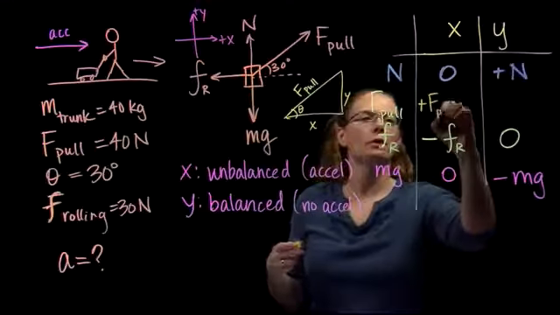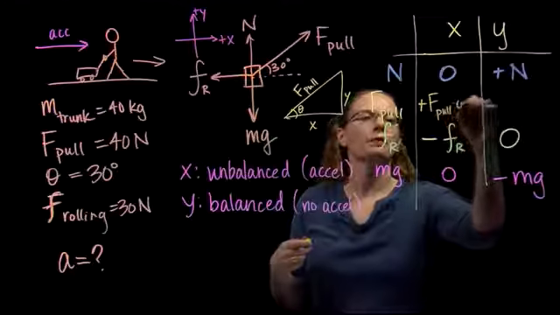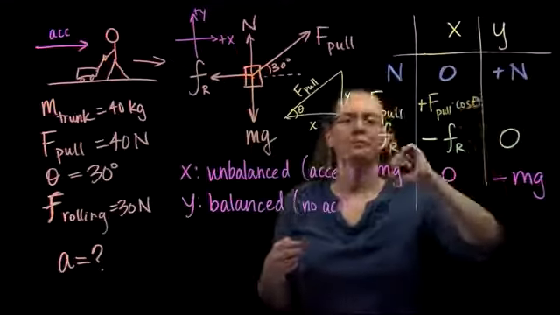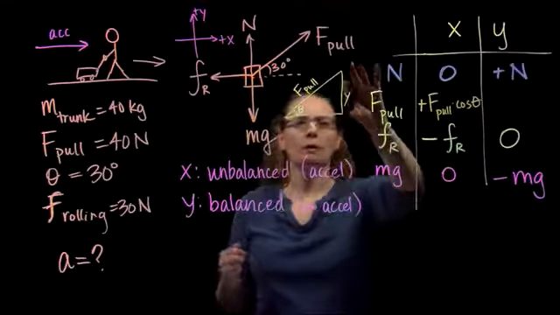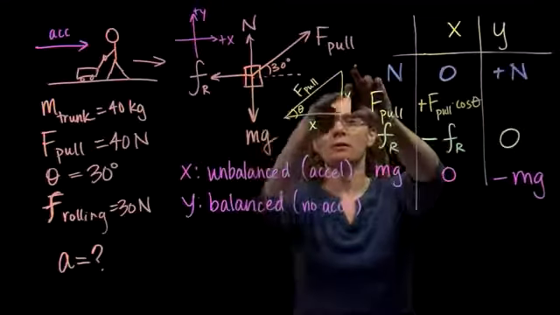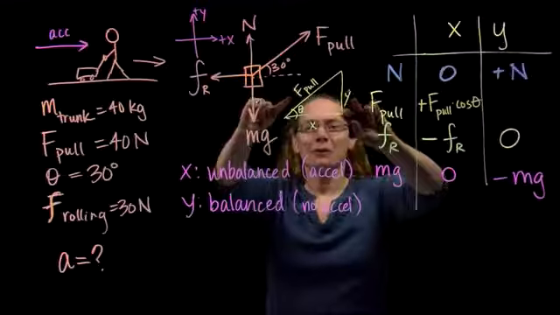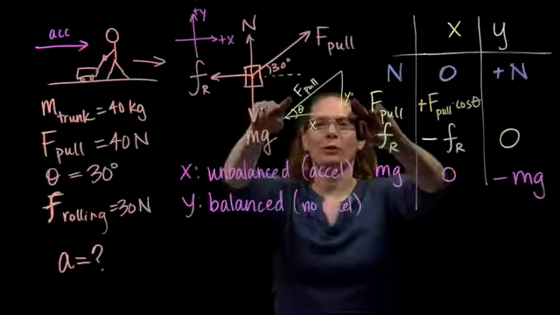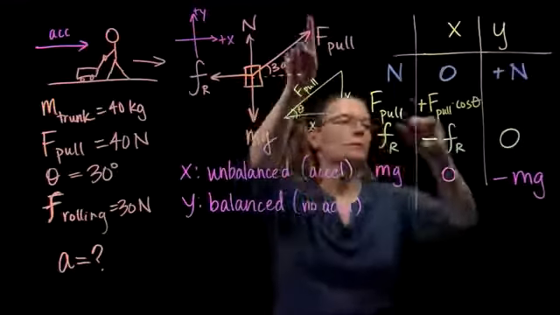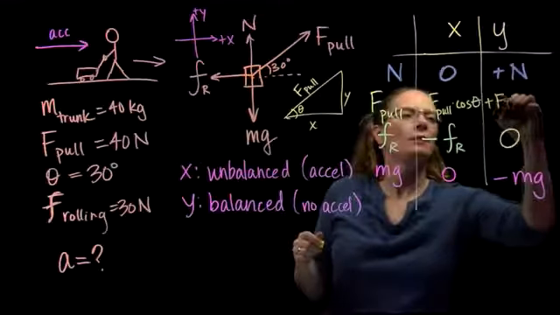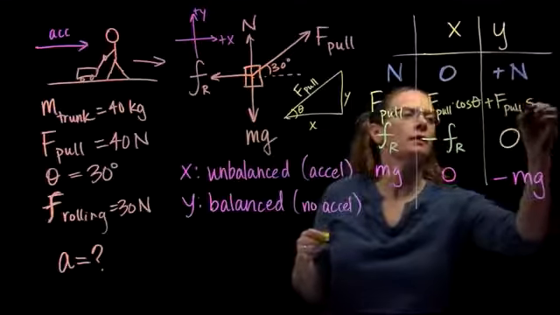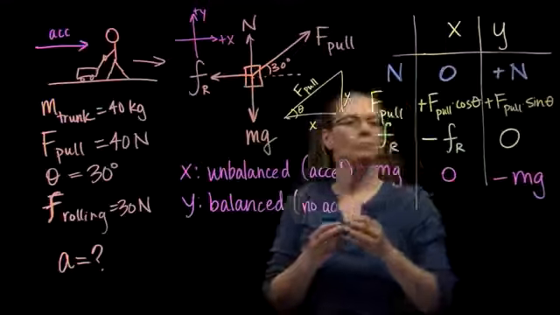So positive pulling force times the cosine of our angle. The y component here, and this is opposite, so SOHCAHTOA, sine is opposite over hypotenuse. We have the sine component here, and it's going upwards, so I know it's a positive. Positive pulling force times the sine of my angle.